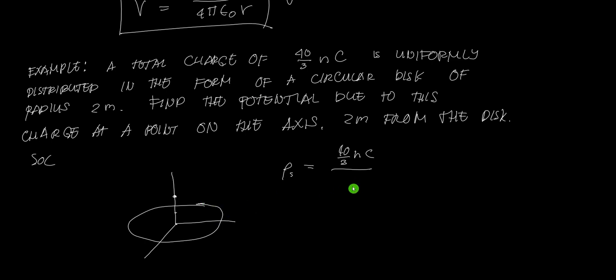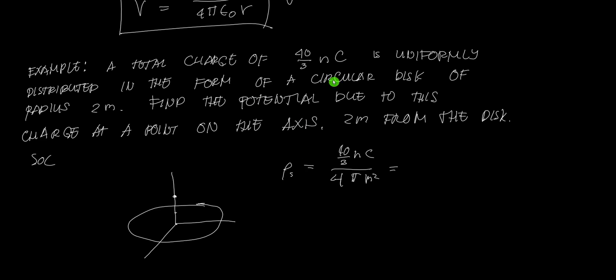It's pi r squared. Our radius is 2, so r squared is 4, so 4 pi. The unit is, because that is in meters, square meter. So it will be in nanocoulomb per square meter. That's the surface charge density.